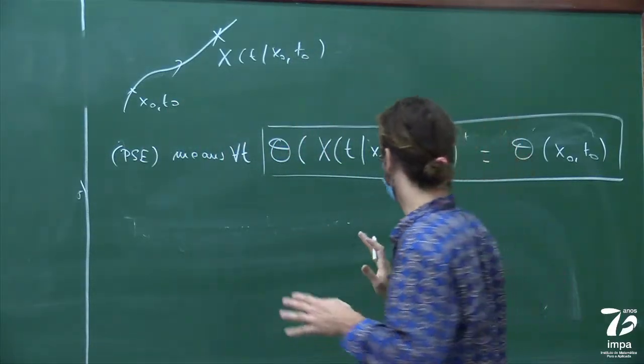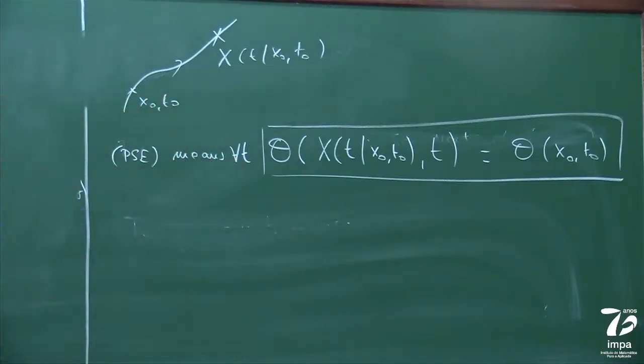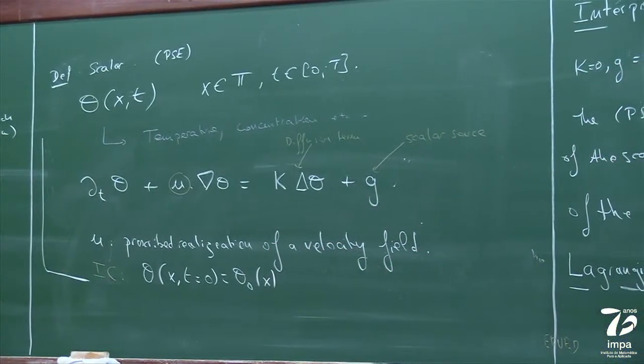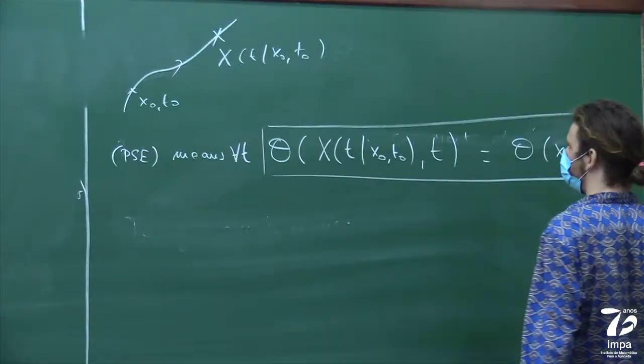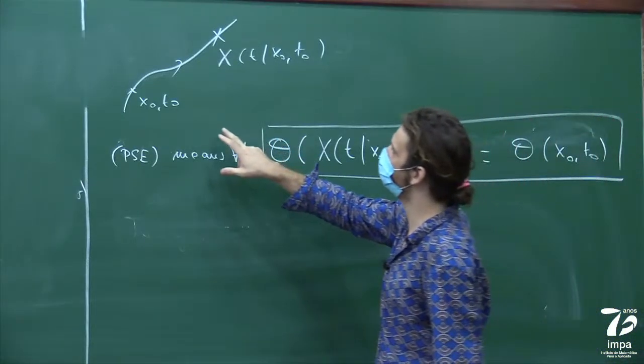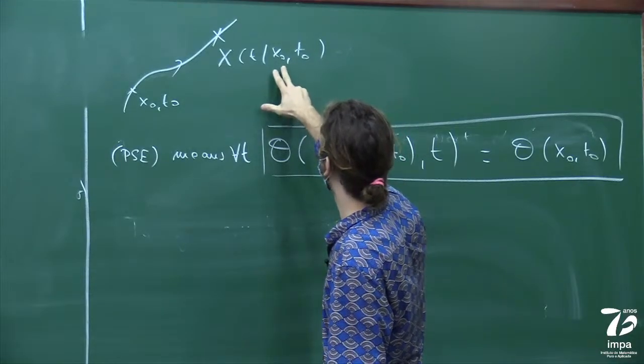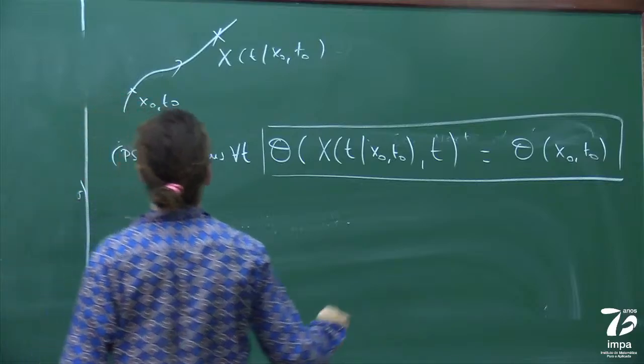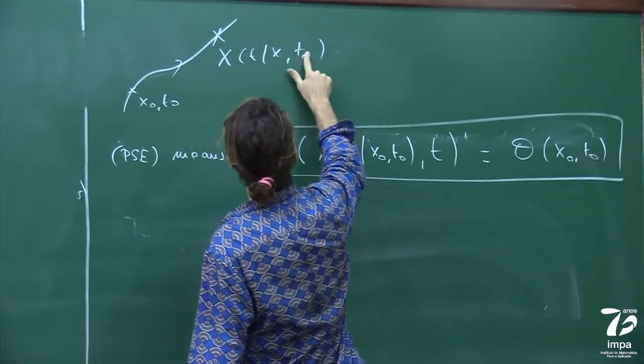Because if we formulate this problem as an initial value problem, let us just switch notation. I have called this x0, t0, but I could call this x and t.